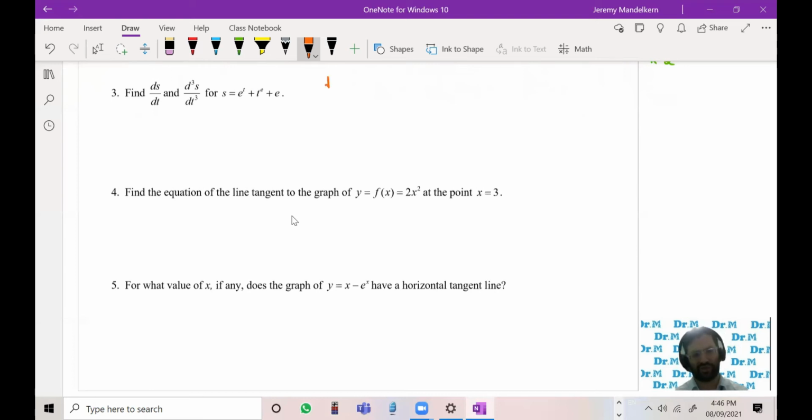So first we'll do ds/dt, and when we differentiate e to the t, differentiation with respect to t, we get e to the t. The derivative of t to the e is going to be computed using the power rule. So this is plus, we pull down the e, and that's times t to the power e minus 1.